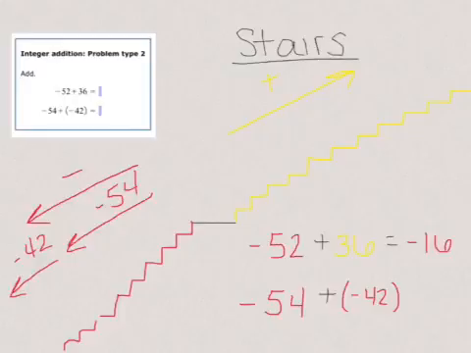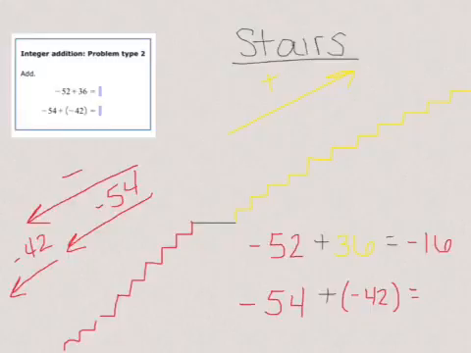To help them develop this understanding, hopefully they realize that with both numbers we'd be traveling down. And so then I ask, how many total steps did they travel down? And they can see that, well, I can just add 54 and 42.